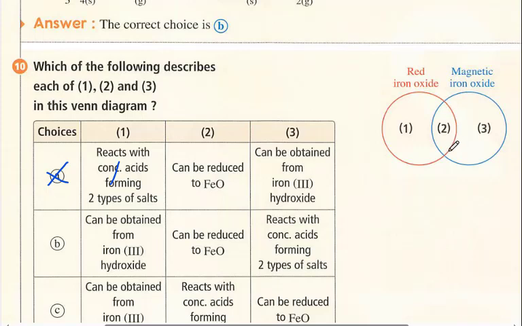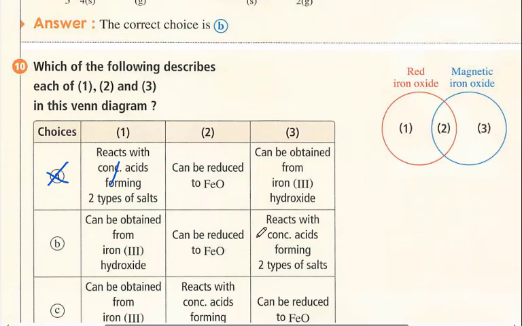So this property must be a characteristic of both oxides. So 2 can be reduced to ferrous oxide. Yes, both ferric oxide and magnetic iron oxide can be reduced to ferrous oxide when we use a reducing agent like hydrogen or carbon monoxide at a temperature from 400 to 700.